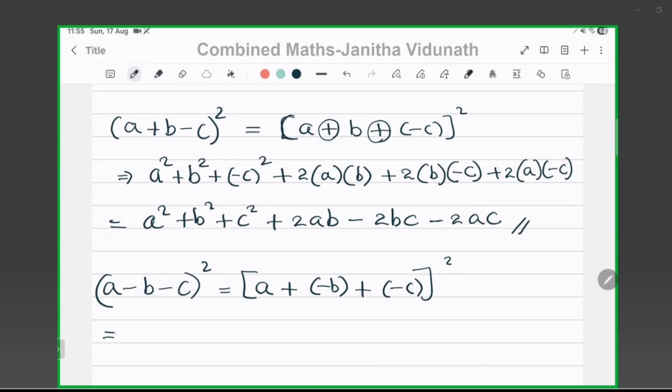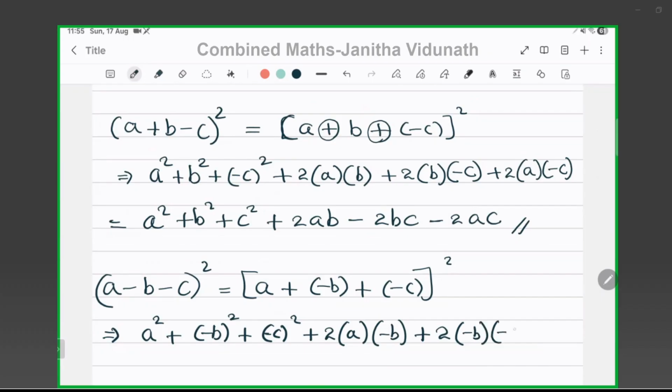Then our shortcut method gives us square of the first term, square of the second term, square of the third term, plus 2 times first term and the second term, plus 2 times second term and the last term, plus 2 times first term and the last term.